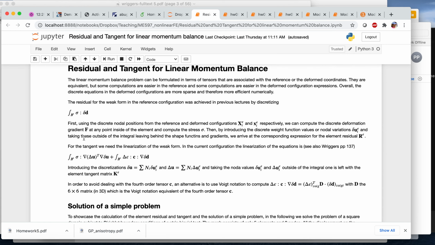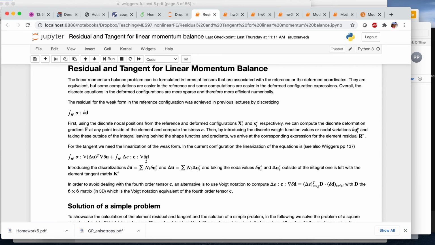And then for the tangent, I didn't do the derivation for the spatial configuration. I only did it for the reference configuration, but you end up with the stress double contracted with the gradient of the increment times the gradient of the variation, plus the integral of the increment times c, which is the elasticity tensor for the spatial configuration, times this.